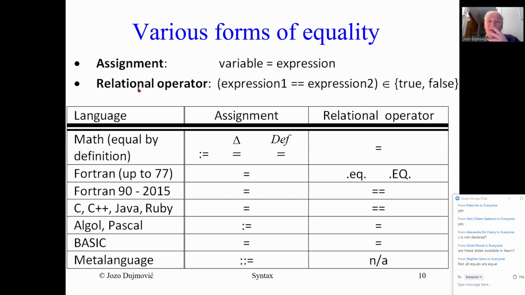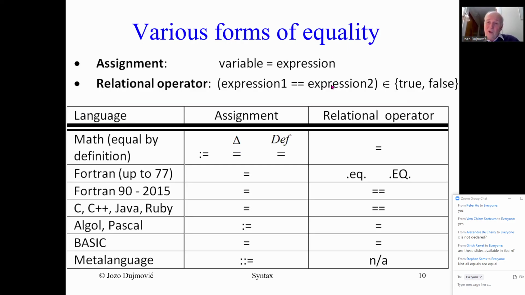But we also have the relational operator. So we have expression 1 equal expression 2. So what is done in this case? This expression 1 will be evaluated and some value will be generated. Then expression 2 will be evaluated and some value will be generated. And then expression 1 is tested for equality to expression 2.